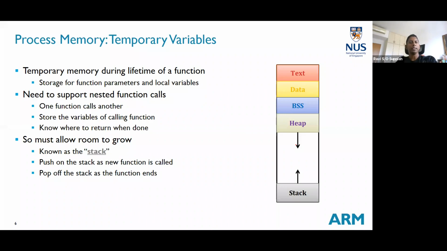Then the other one is the stack, for temporary variables that are created whenever you call a function. Whenever you go to a function, you need the stack for two things. One is of course the variables that you need to create in that function itself.